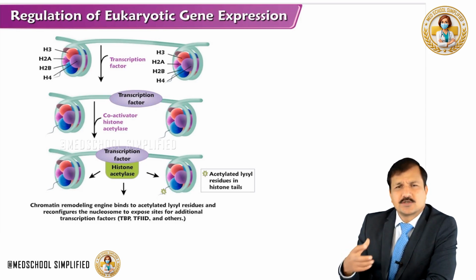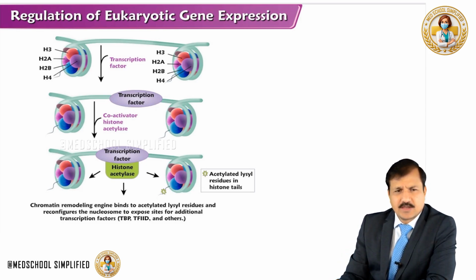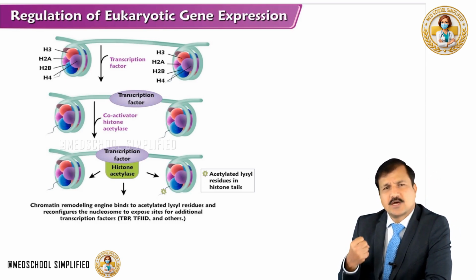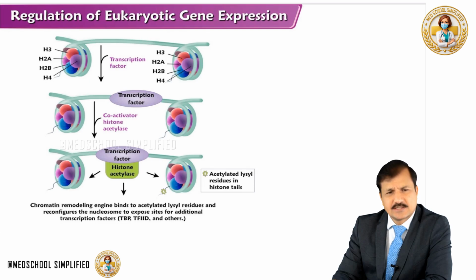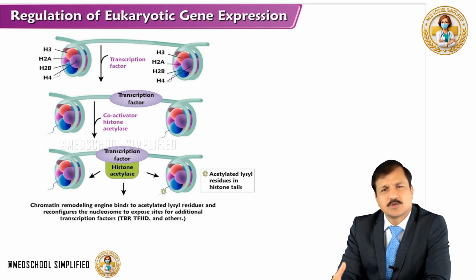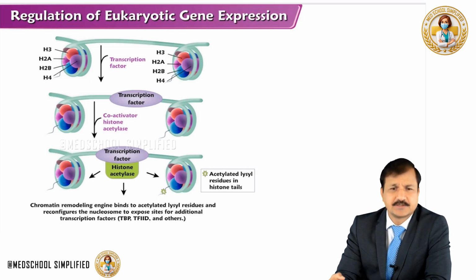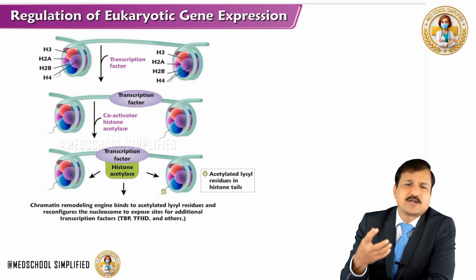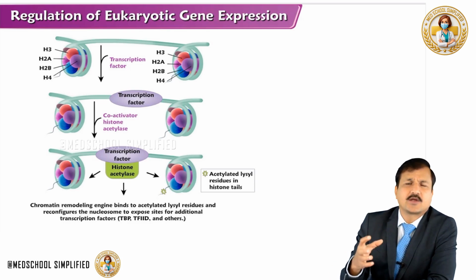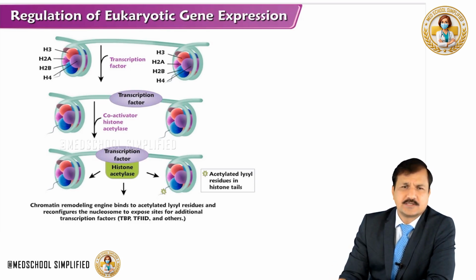That's what histone acetylation does. A chromatin remodeling engine binds to the acetylated lysyl residues and reconfigures the DNA to expose the promoter region. And additional transcription factors will bind in the promoter region and recruit RNA polymerase.